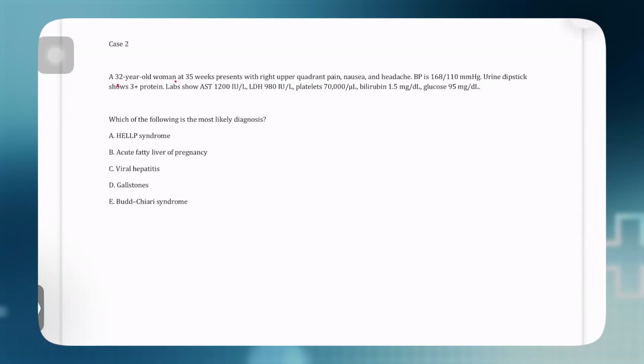A 32-year-old woman at 35 weeks presents with right upper quadrant pain, nausea, headache. BP is 168 by 110, urine dipstick 3 plus protein, AST 1200, LDH 980, platelets 70,000, bilirubin modest at 1.5, glucose modest at 95. What is the diagnosis?